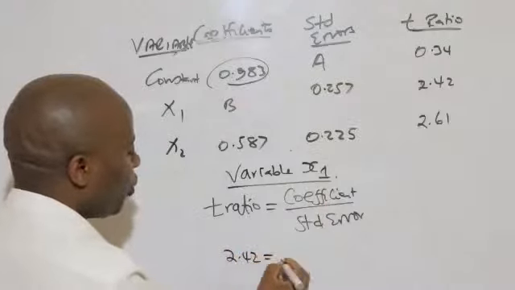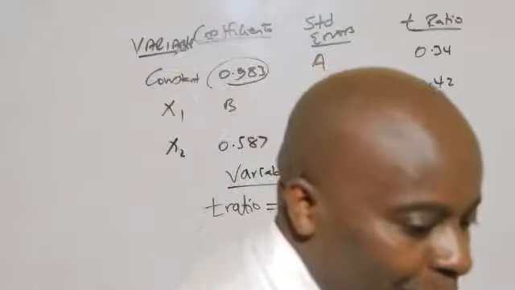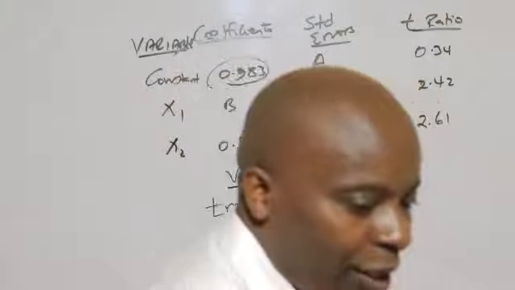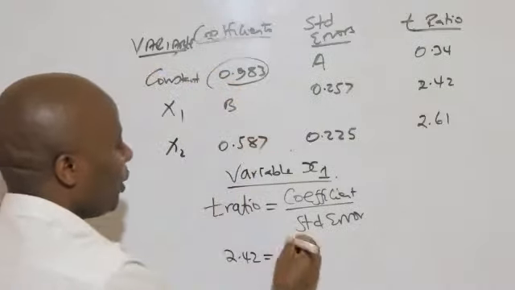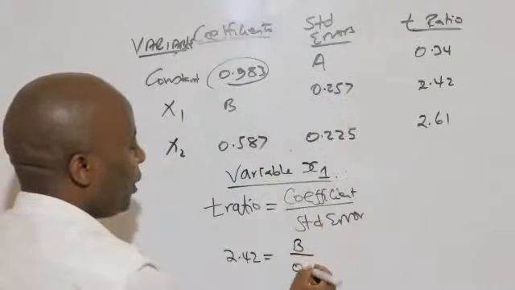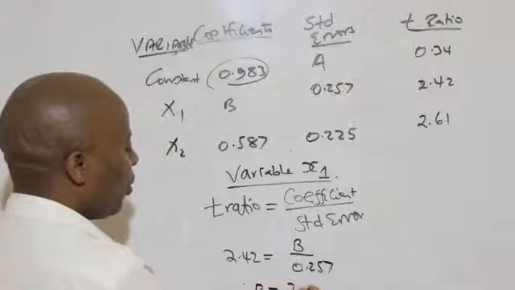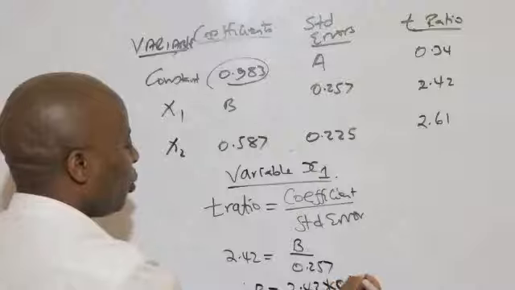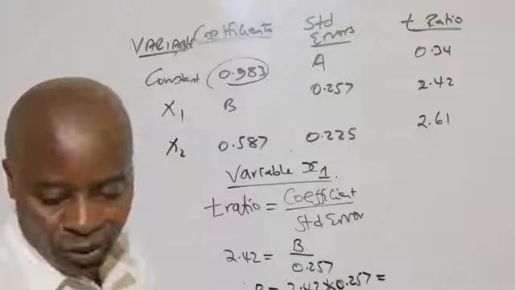So 2.42 will be equal to the coefficient that we don't know, which is b, all over the corresponding standard error, which is 0.257. Therefore, b will be equal to 2.42 times 0.257, which will end up giving us what figure in terms of 2 decimal places?